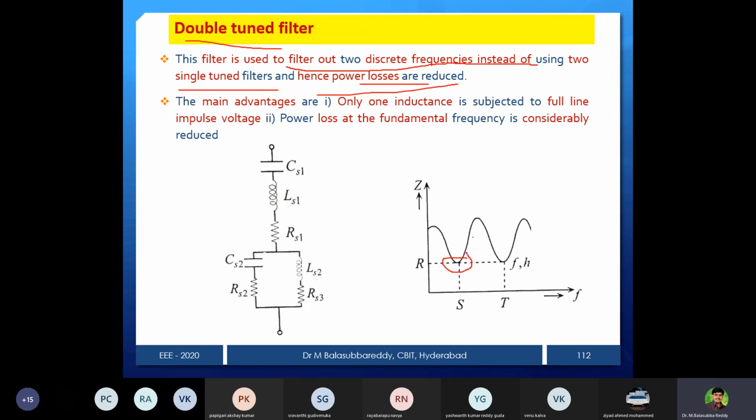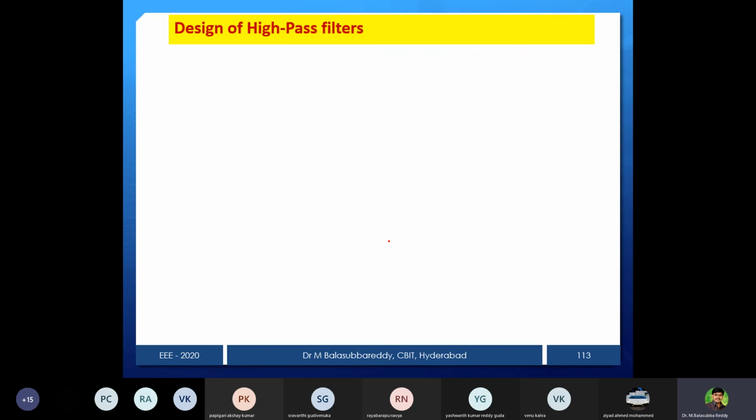And these two frequencies are going to be suppressed by using a double tune filter.